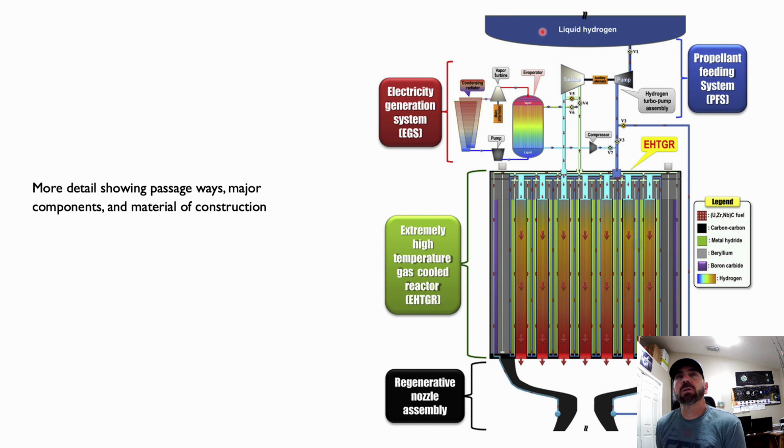In this case, the coolant is liquid hydrogen. It is also the working fluid or propellant. So liquid hydrogen starts out at a temperature of 32 degrees Kelvin. It gets pumped through a turbo pump and then distributed through passages in the core.